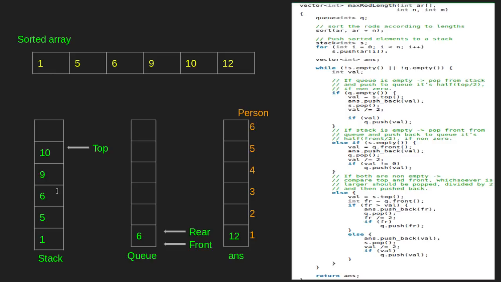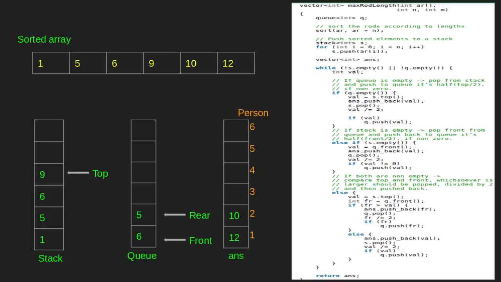Thus, the second person gets a rod of length 10. Now, for the third iteration, both stack and queue are not empty. Thus, we'll compare the top and front elements. Here, 9 is larger than 6. Thus, we'll pop it and push 4 in the queue. Thus, the third person gets a rod of length 9.